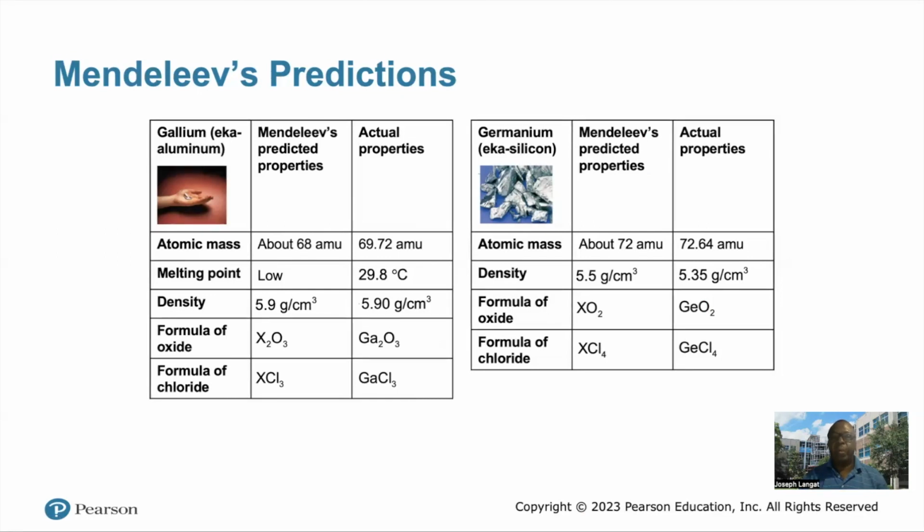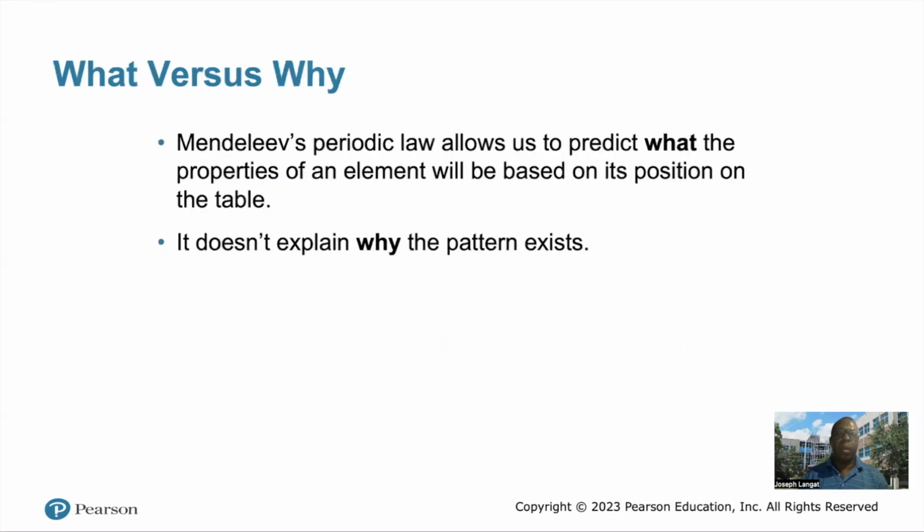Meyer did not propose yet undiscovered elements, even though he came to the same conclusion as Mendeleev. Now, Mendeleev's periodic law allows us to predict what, but doesn't explain why the pattern looked the way it does.